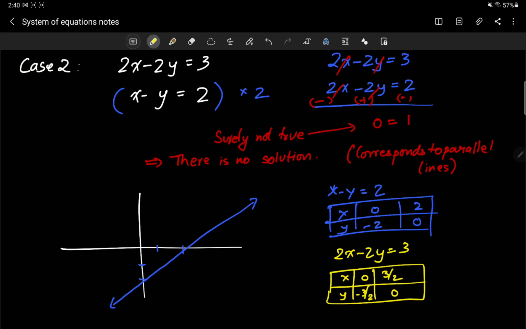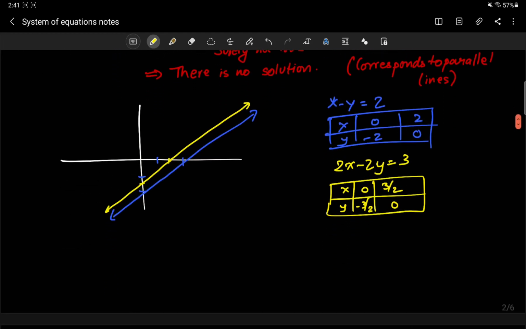So you have 0 comma negative 3 halves somewhere here, 1.5, and 3 halves comma 0. So the yellow line and the blue line are never going to meet. So if you end up with something bizarre, namely something that you know for sure is not true, then it's a no solution case.